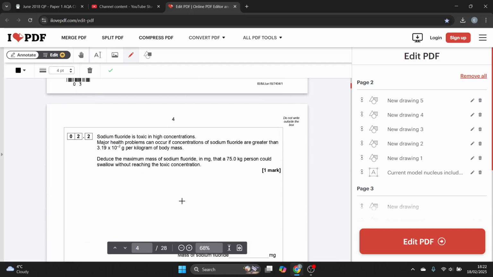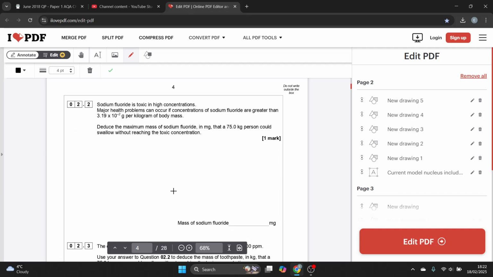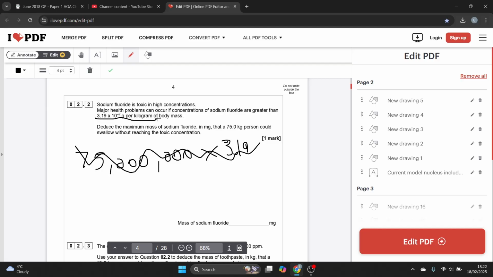Calculate the maximum mass of sodium fluoride in milligrams that a 75 kg person could swallow without reaching the toxic concentration. The toxic concentration is 3.19 times 10 to the power minus 2 per kilogram, and 75 kilograms.